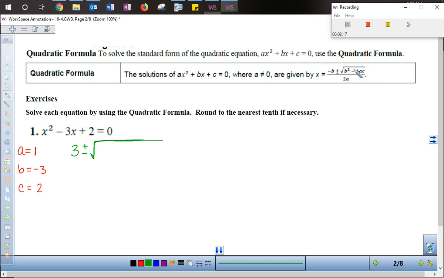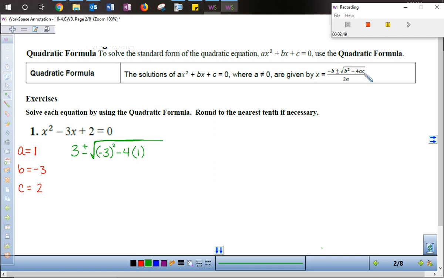So let's start with my b squared. We said my b value is negative 3, so I'm going to take that negative 3 and square it. Here's how we're going to write it. We're going to put that negative 3 in parentheses, and then have the squared up there. I want you to write it out so that you remember when you put it into your calculator, you put parentheses around it. Minus 4 times, now let's see what I can substitute in for a. My a value is 1, so we're going to put a 1 in there.